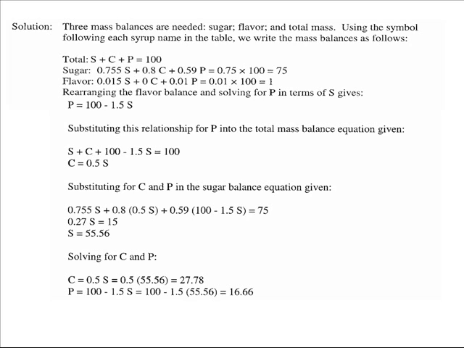You get 0.75 S plus 0.8 times C, what you substituted in, plus 0.59 times your P substitution, equal to 75, the amount of sugar that you want in the desired blend. When you solve all of this, you find that S is equal to 55.56. Then you can go back to the equations at the top to solve for C and P.